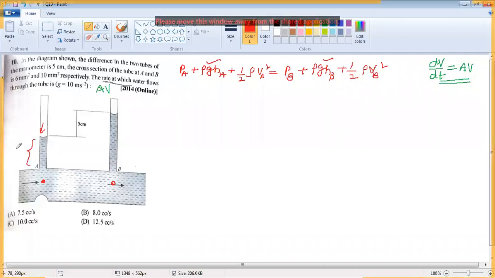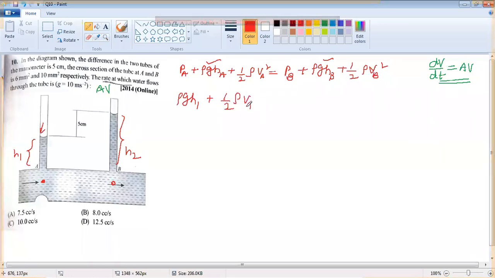Let us take this as H1 and this liquid column as H2. So the pressure here is due to the hydrostatic pressure, which equals rho g H. So the pressure is rho g H1 plus half rho VA square.